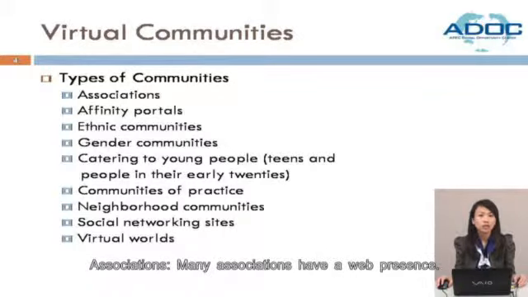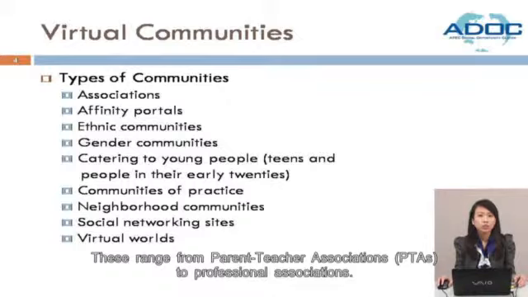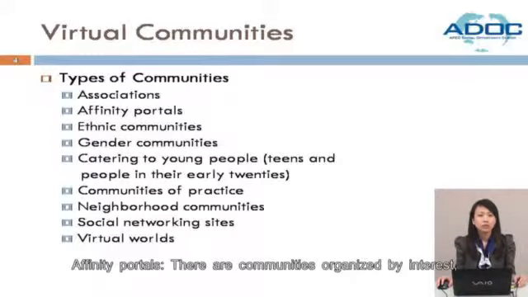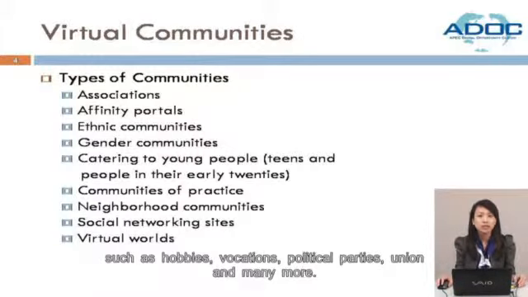Associations. Many associations have a web presence. These range from parent-teacher associations to professional associations. Affinity portals. They are communities organized by interest such as hobbies, vocations, political parties, unions, and many more.